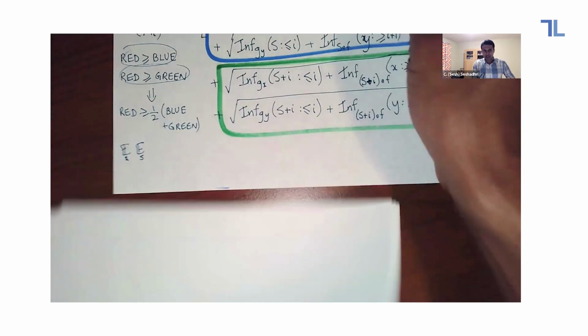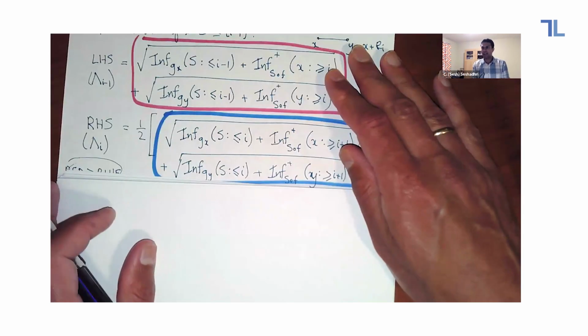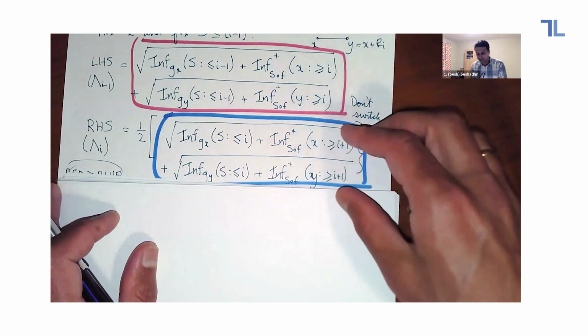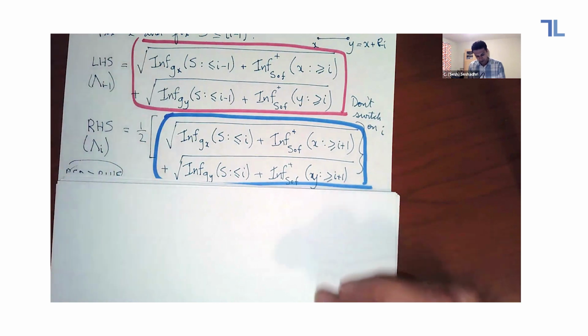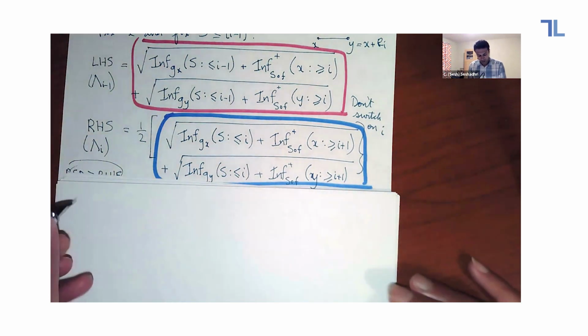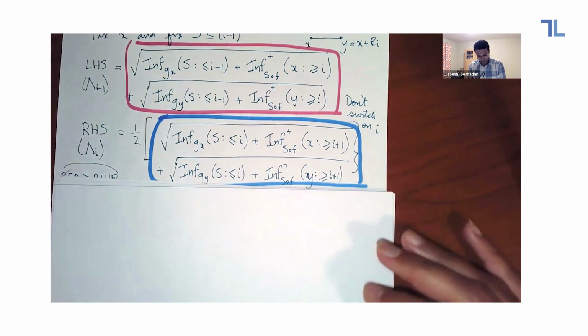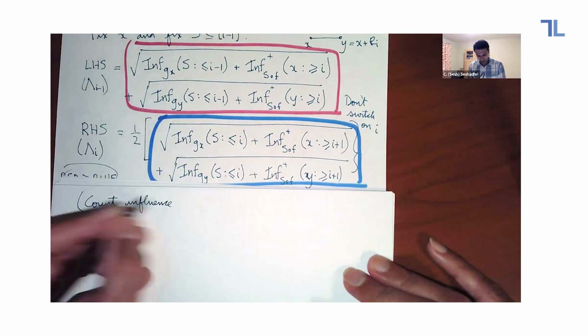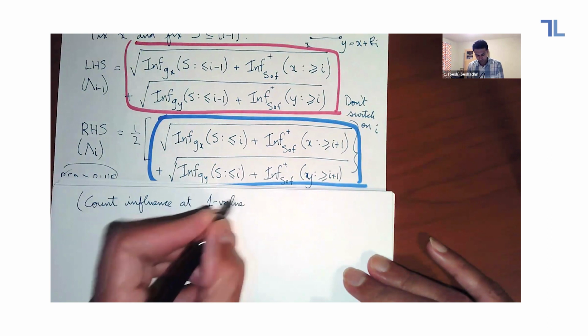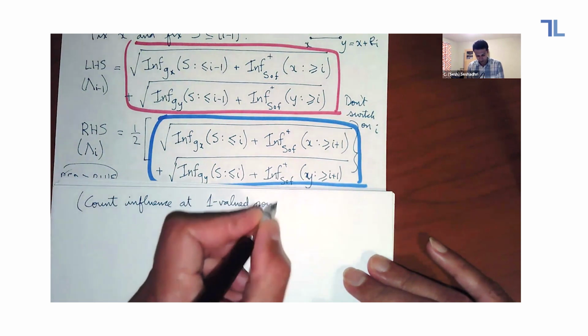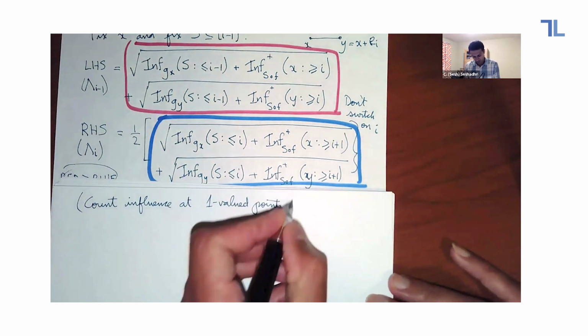Okay, so let's start with this. It turns out that in this case I can prove an even stronger statement. I don't even need these square roots. So just to simplify all the arguments, let's assume that I only count influence at one valued points for all functions.